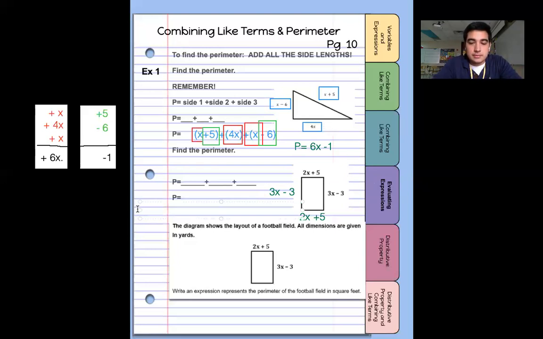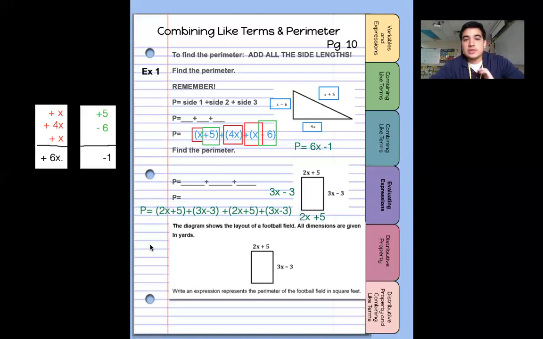So the perimeter equals 2x plus 5, put that in parentheses, plus 3x minus 3, plus 2x plus 5 again, plus 3x minus 3. Okay, so we have all the sides. Now we can start combining like terms.